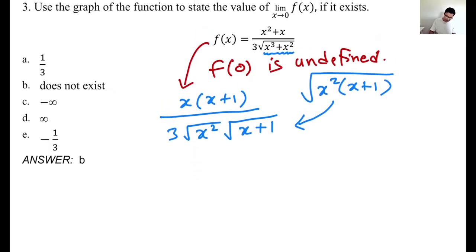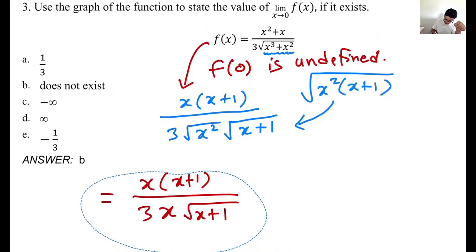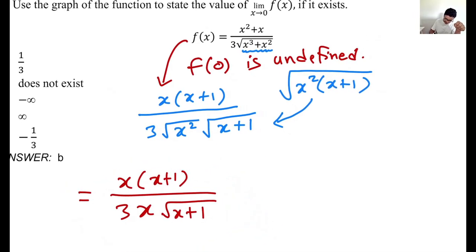Now you might be tempted to write this as x times square root of x plus 1, since the square root of x square is x, right? And then cancel out x, which is partially true. The complete story is that you have to think that this is one of the cases.